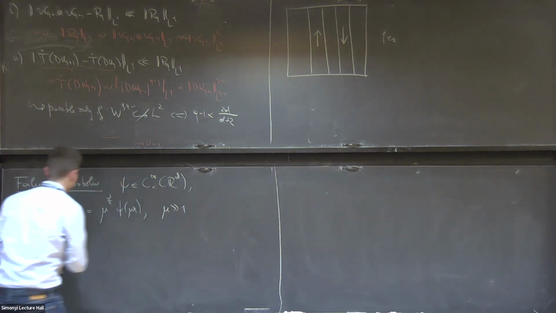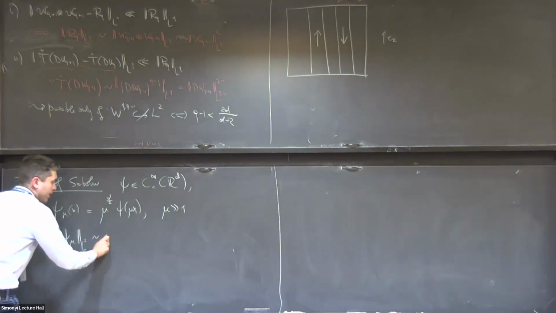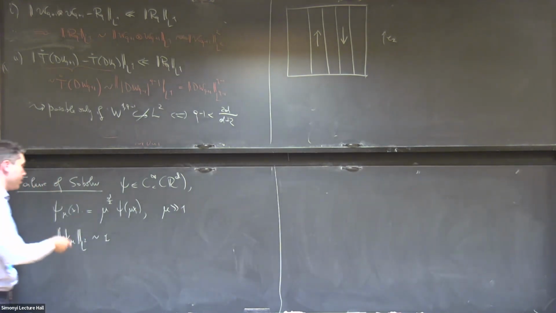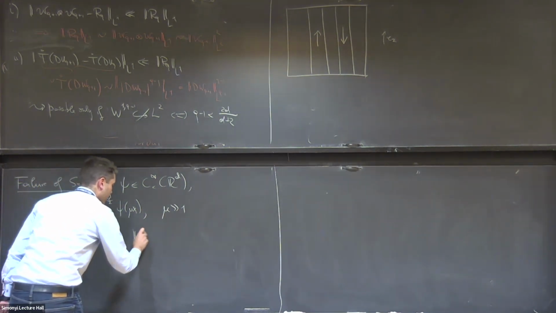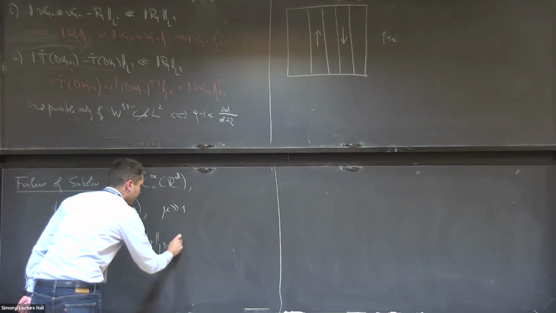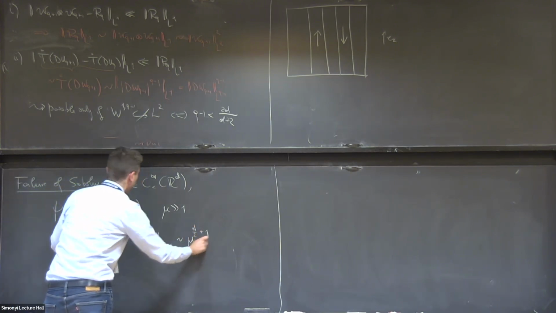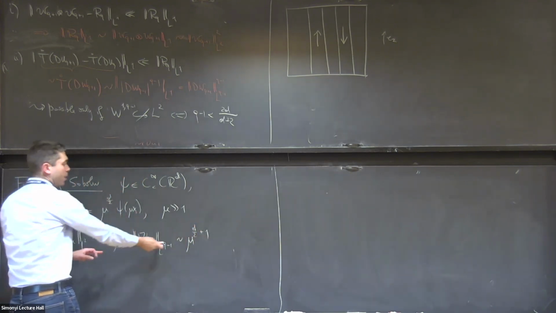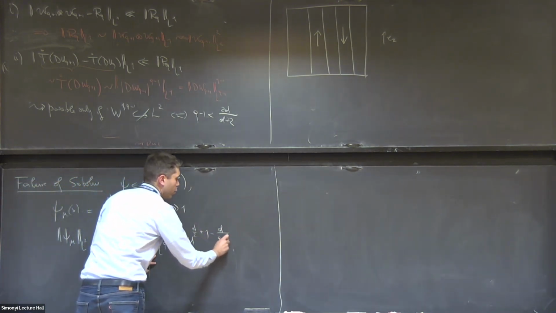And then what you have is that the L2 norm of all these functions is essentially 1. But if you take a derivative and compute the derivative of this psi_mu in L^{q-1}, you have mu to the d over 2, then there is a plus 1 coming from the derivative, and then we are computing the L^{q-1} norm, so there is a minus d over q-1.